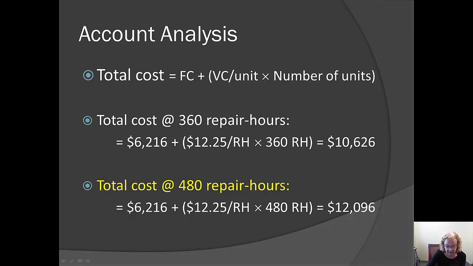How good is this estimate? It really depends on how predictable her activities are. The more regular her activities, the more regular her costs, the more likely that this will be a good model.